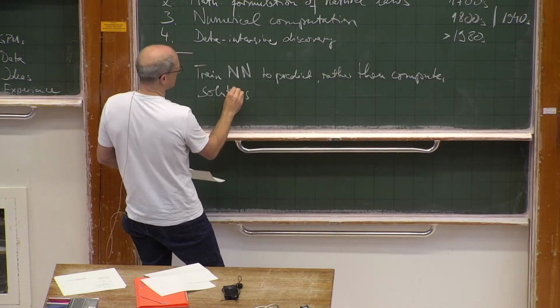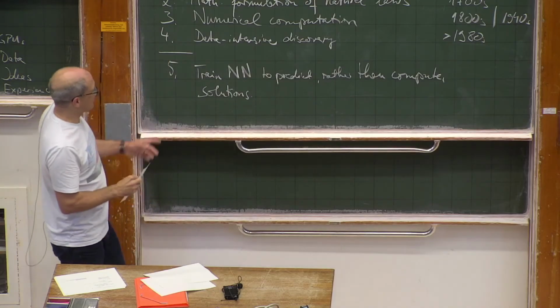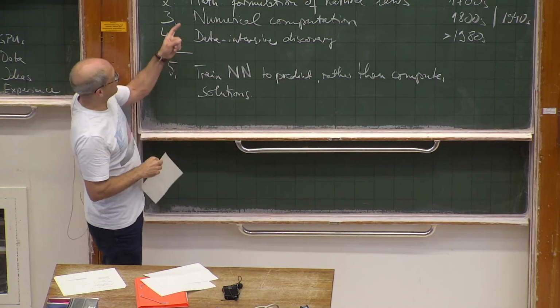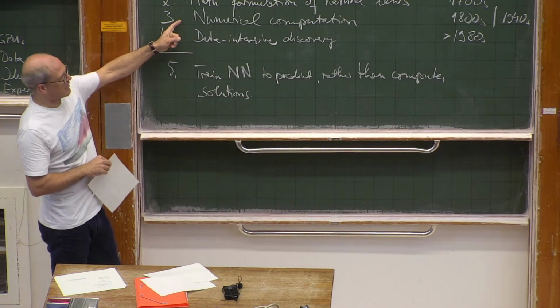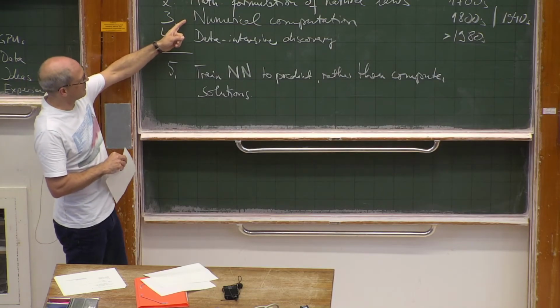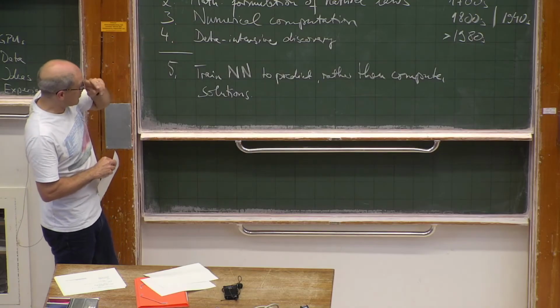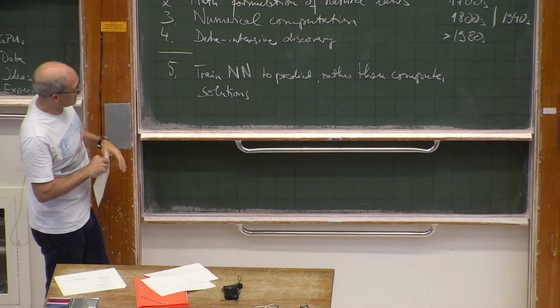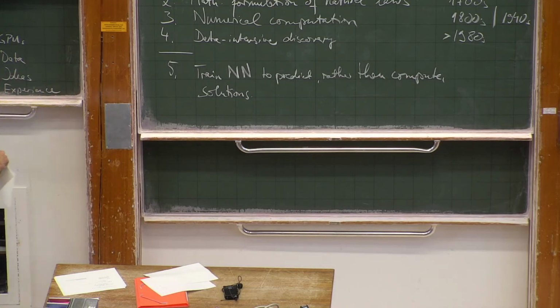And the beauty here is that thanks to number 3, it is possible to generate infinite amount of training data. And on this infinite amount of training data, you can then learn to predict solutions. And I mentioned nowcasting.